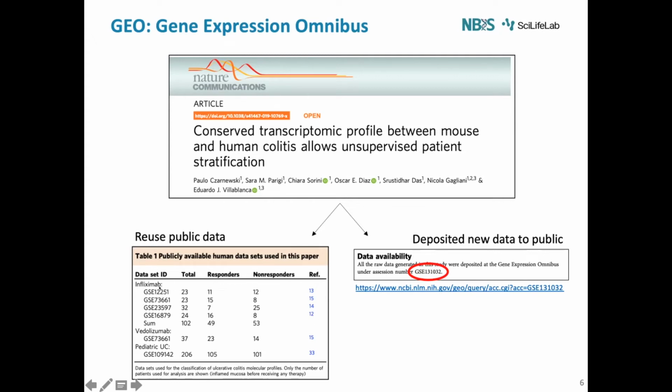So this is the identifier for that data set. And each data set, when it's deposited, is usually associated with a paper. And also, for example, in the same paper, there is data availability, and all the raw data generated here were deposited in the GEO under an accession number. So this one. And then you can also just go to the accession number on GEO here. And as the link shows, also the GSE ID.